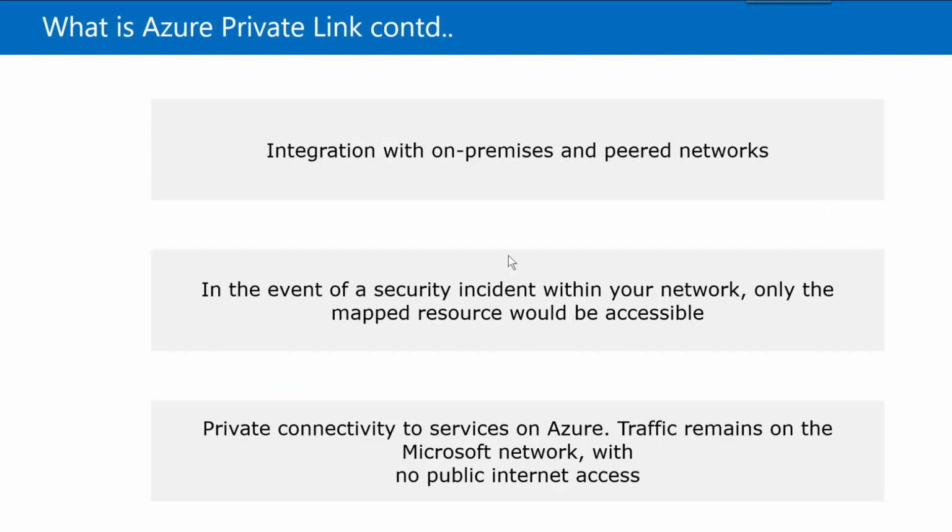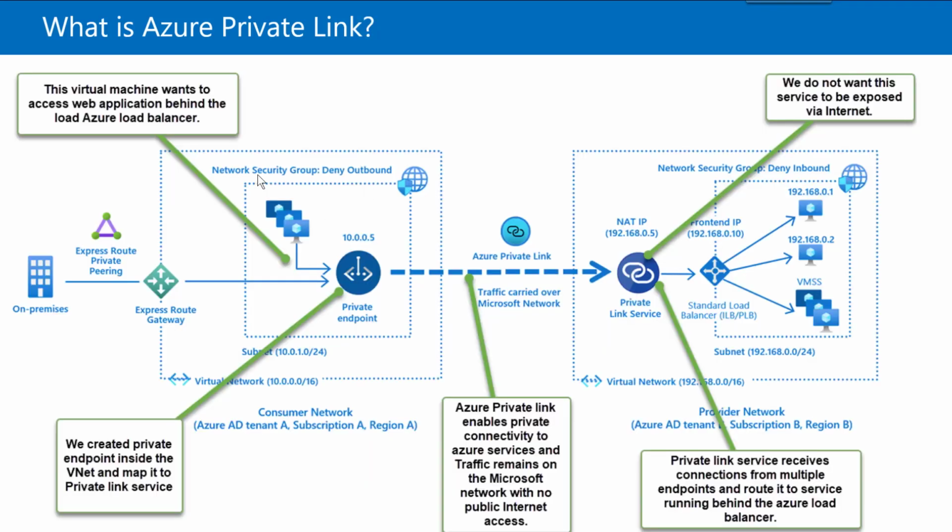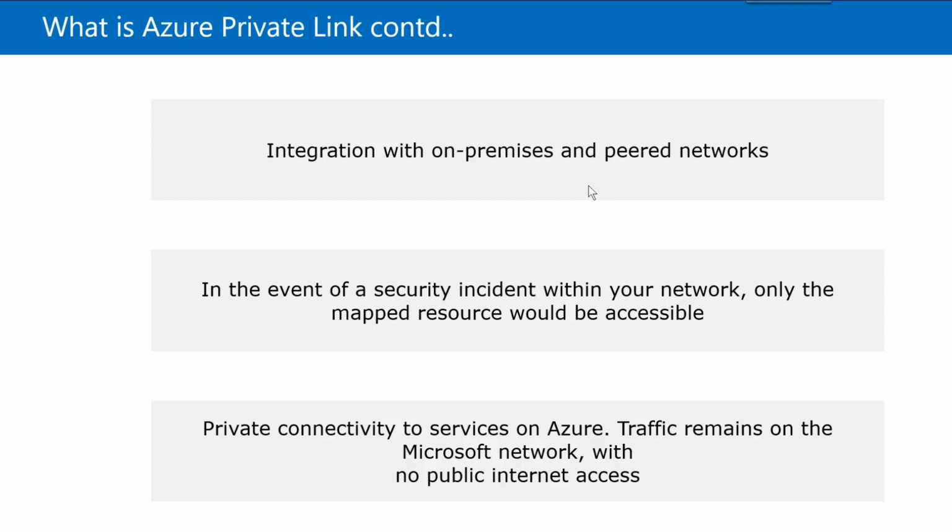Okay. Now, what is the advantage of this approach? We can integrate all your on-premises and peer networks here. In this scenario, this can be any on-premises network as well or any peer network, right? And that network can access all the services directly via the private link. In case of any security incident, suppose there is some security flaw or breach in your network, then only these mapped resources would be accessible.